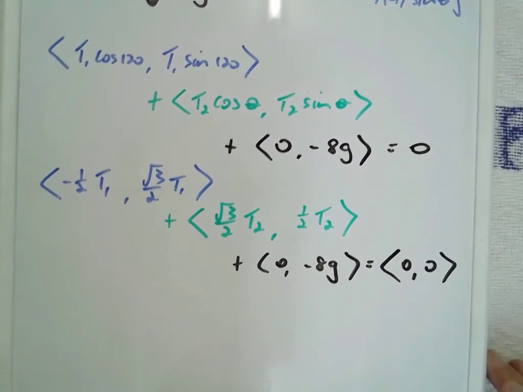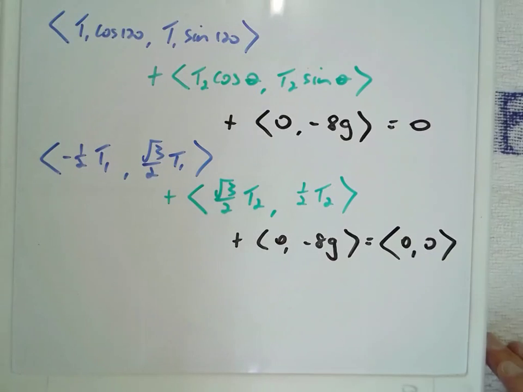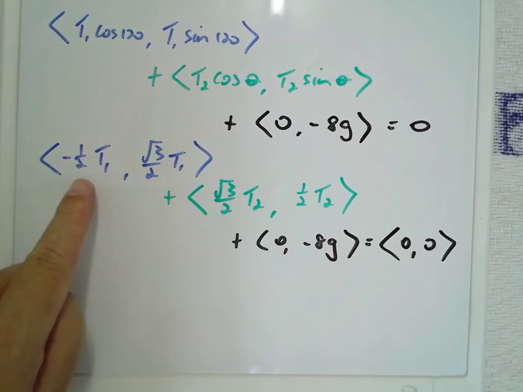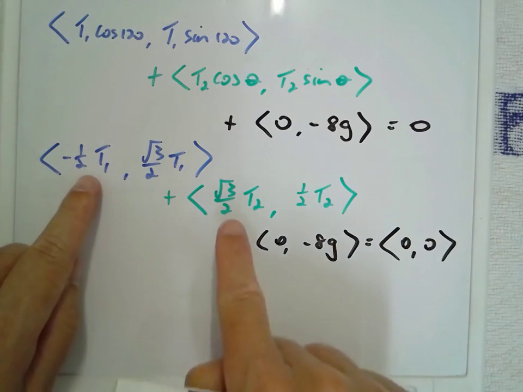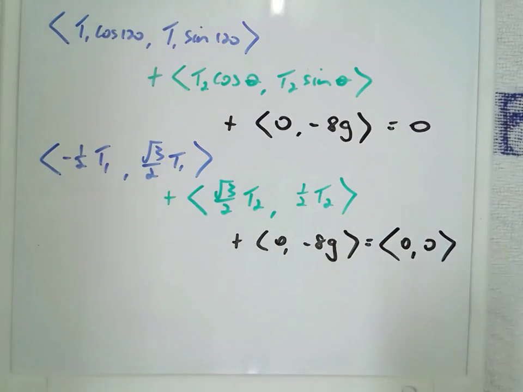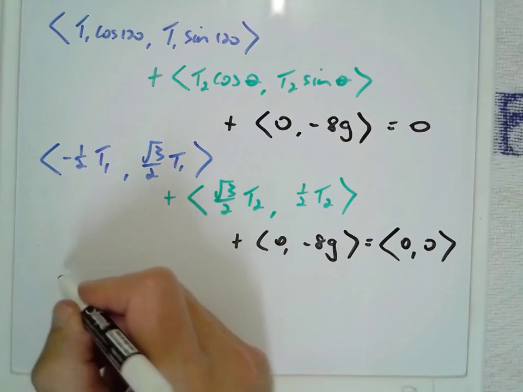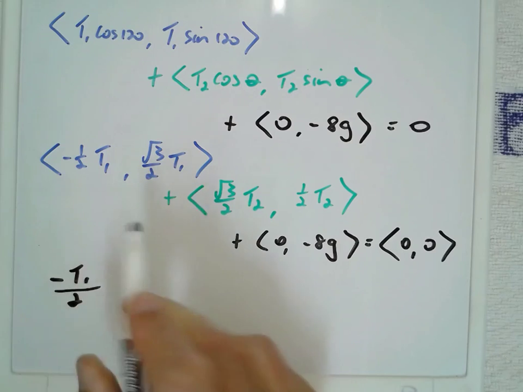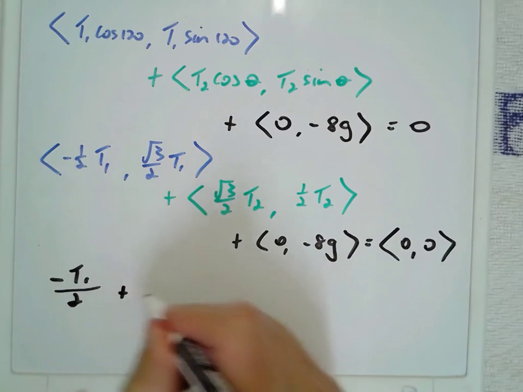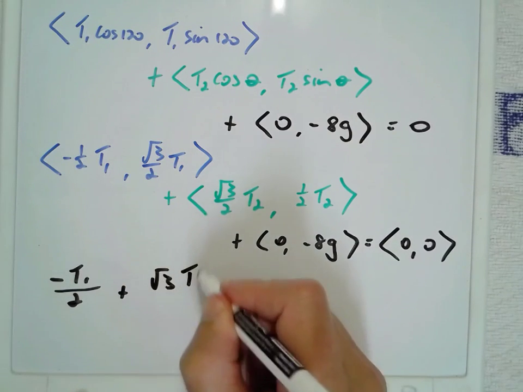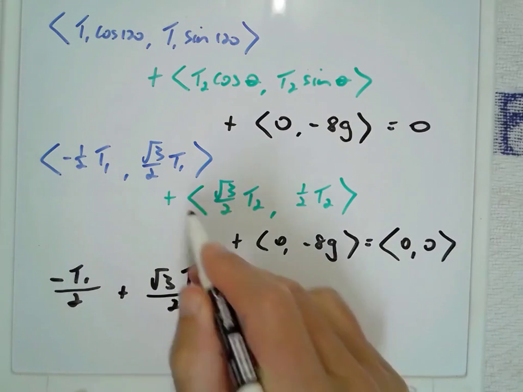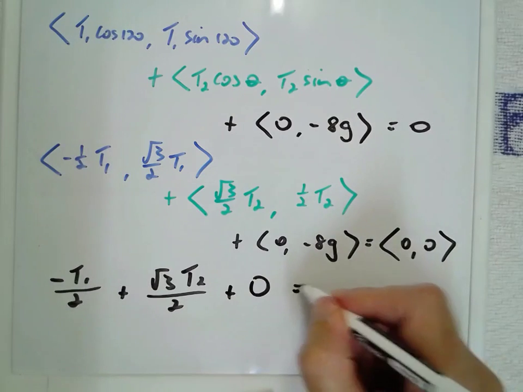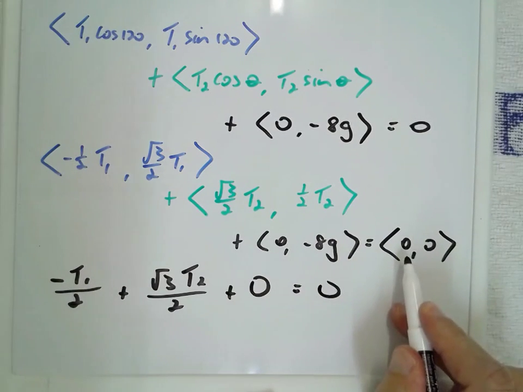So what we can do is correlate our i components. So we're going to put all of these i's together. So we're going to get negative T1 on 2 plus root 3 T2 on 2 plus 0 equals 0.